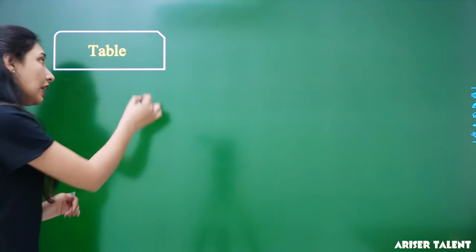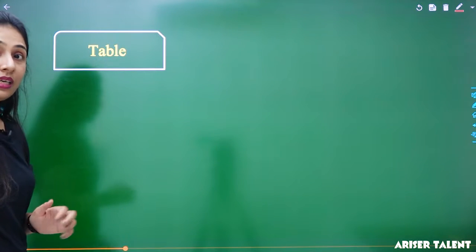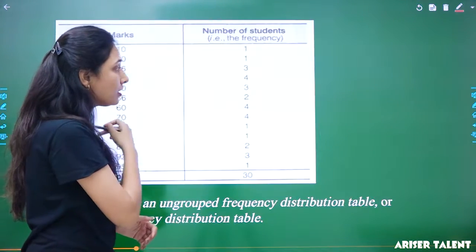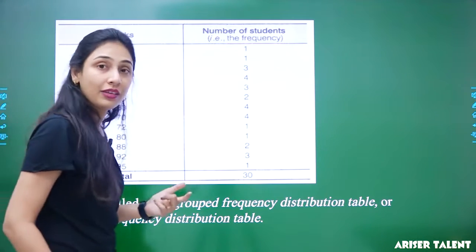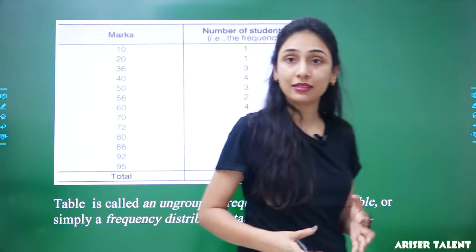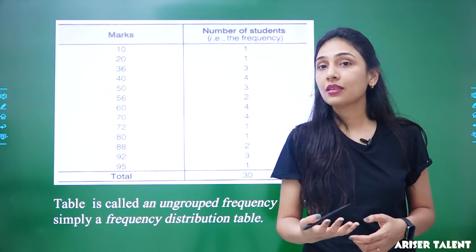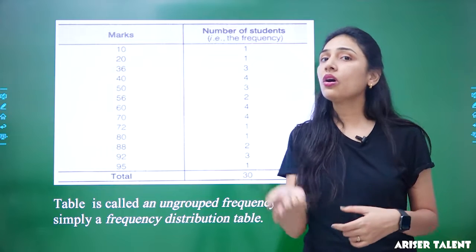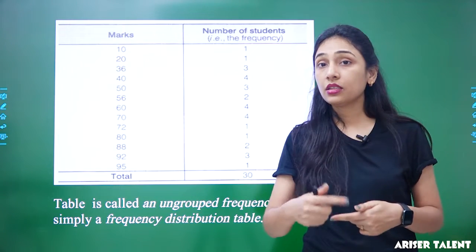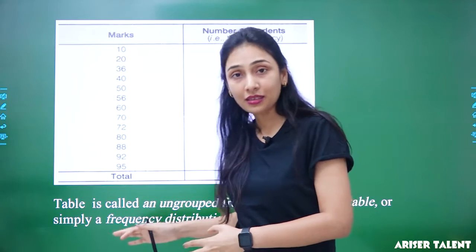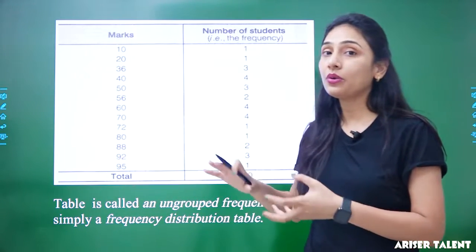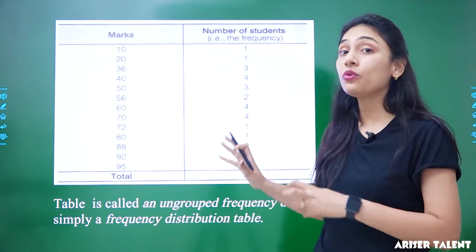You're going to make a table. Okay, a table. What will it be like? Something like that. What are you having? You're having some marks there, and some of these marks come not once, they come twice, thrice. So if we write in a tabular manner, in that particular way, you can handle it in a very good way.